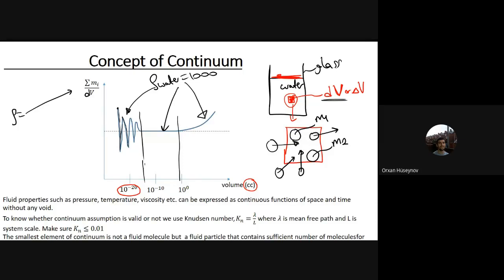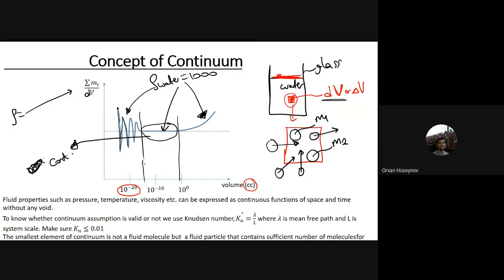If you go to a larger size, again, you will not have a constant amount of density because in some parts of the system you will have high density, in some parts low density. At the end, when we say fluid mechanics, solid mechanics, strength of materials, we are talking about this part of the view, which is the continuum part.